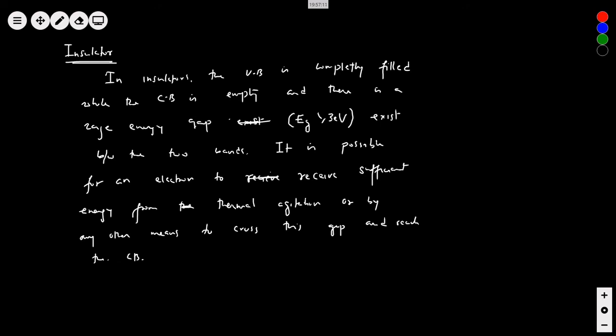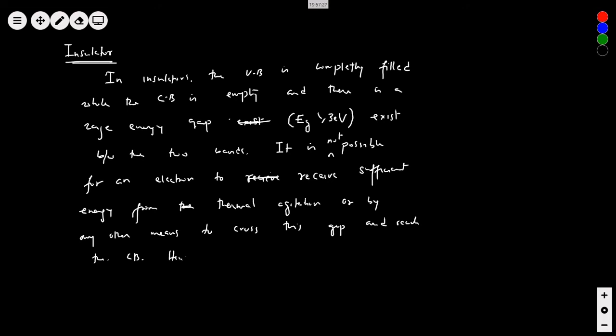So it is not possible for an electron to receive sufficient energy from thermal agitation, that is from room temperature, or by any other means to cross this gap and reach the conduction band.